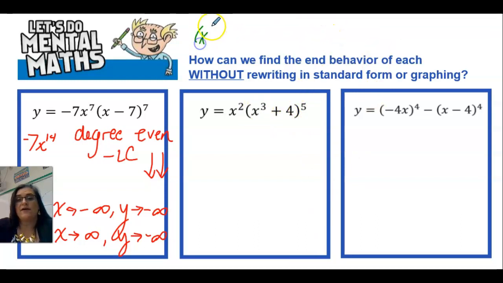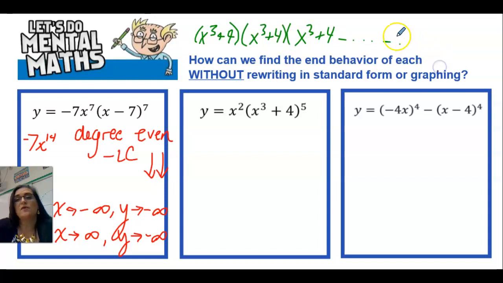So I would have an x to the 3rd plus 4, and then that would be times another x to the third plus 4 times another x to the third plus 4, and so on and so on. And I don't want to multiply 5 of those together. I just want to keep an eye on that leading term and what happens to it as I multiply.